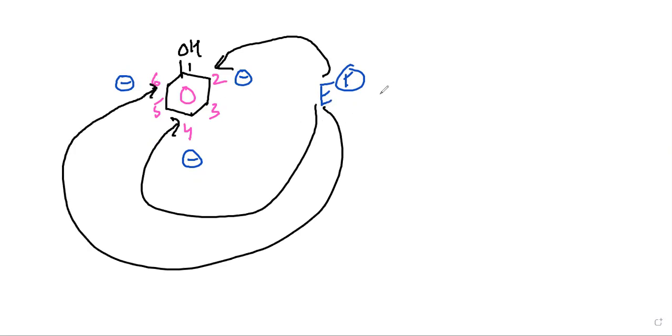So the new electrophile that is going to attack on this phenol can attack on the second position, the fourth position, or the sixth position.